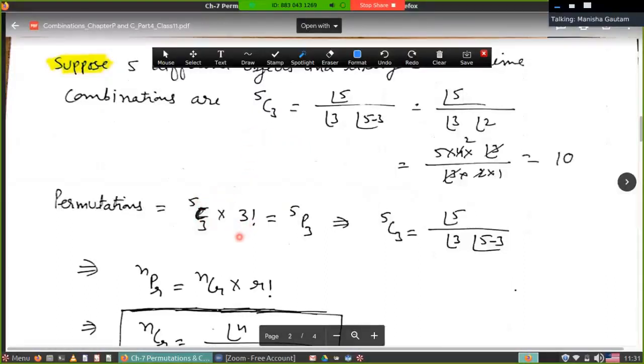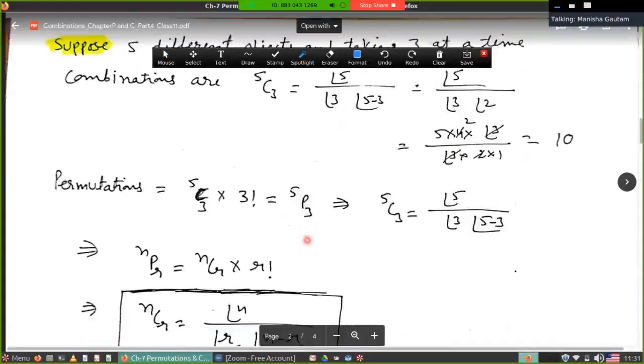As I told you in the previous slide, 2 factorial was there, and here it is 5C3 into 3 factorial, which is equal to 5P3, the arrangements of 3 out of 5.